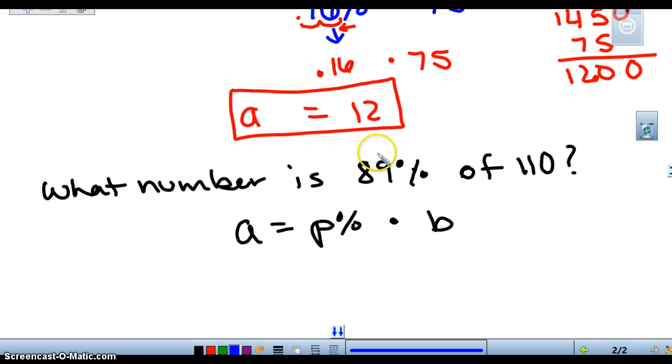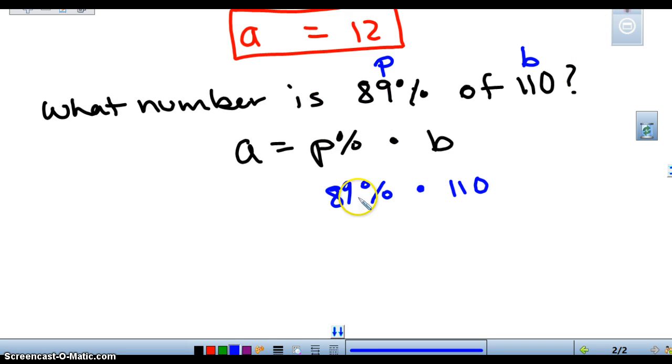So 89% is what? P. Of 110. 110 is what? B. So let's say 89% times 110. What do we have to do to the percent? Change it to a decimal, so 0.89 times 110.